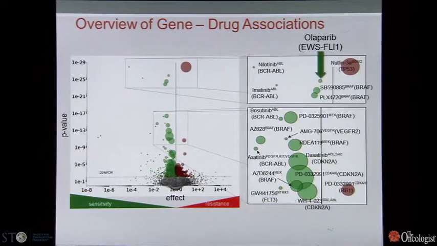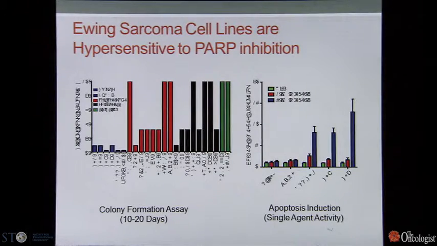But we did find one association that was very strong and unexpected, and this was the association between olaparib, a PARP inhibitor, and the EWS-FLI1 translocation that is found in Ewing sarcomas. Oh, that's a little bit of a scramble, but this is okay because this is really a visual. So on the left is a viability assay with a much longer term viability.